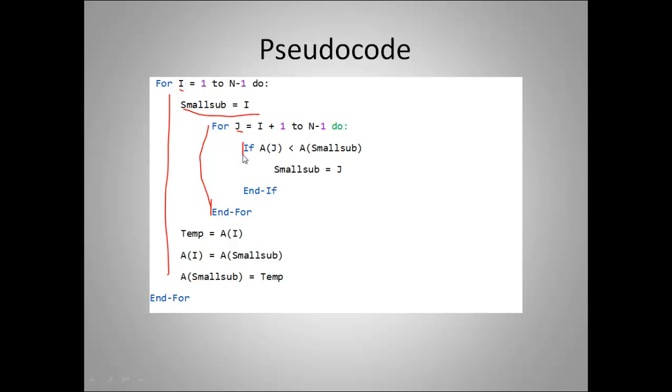Inside this for loop, we have an if statement, which is going to compare the index j of the array A to index i of the array A. So if the item we're comparing is less than the item we're looking at, we're going to swap the index values. We're going to run this snippet of code over here to swap the integers. We're going to run through this code over and over again until we finally reach a sorted list.